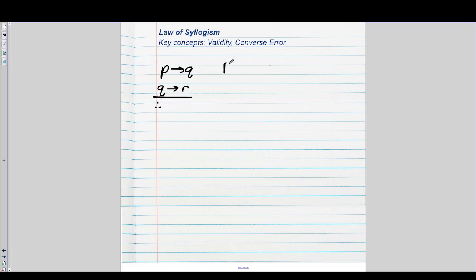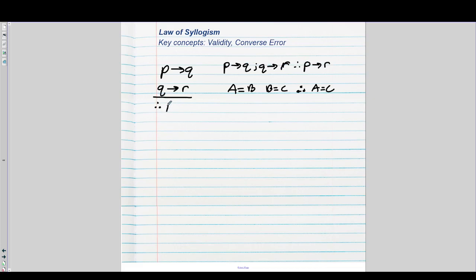So if I write these out, if P then Q, and if Q then R, you can see that these chain together. So it's like saying A is equal to B is equal to C, therefore A is equal to C. It's kind of like replacing, right? It's substituting this Q for R to make it if P then R.